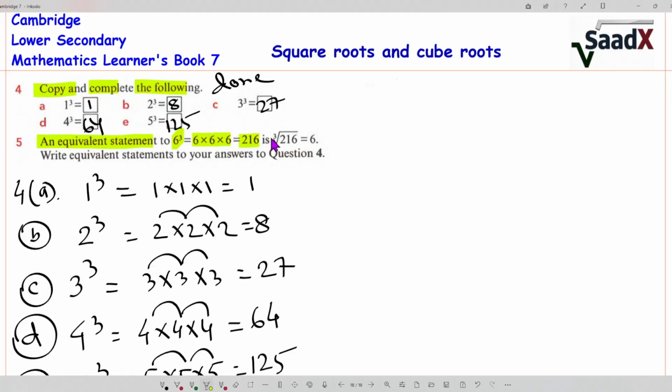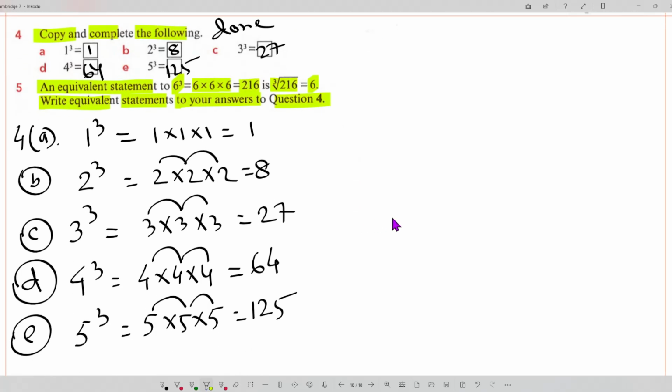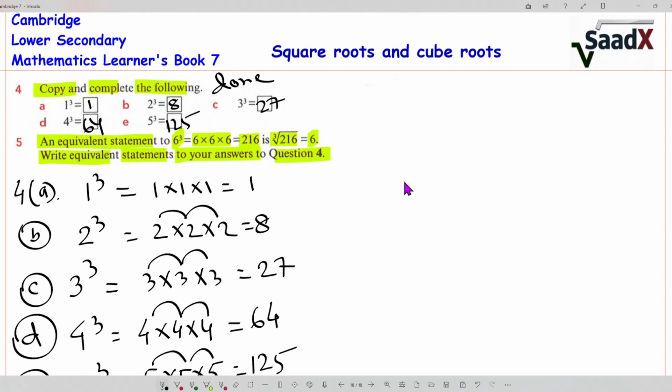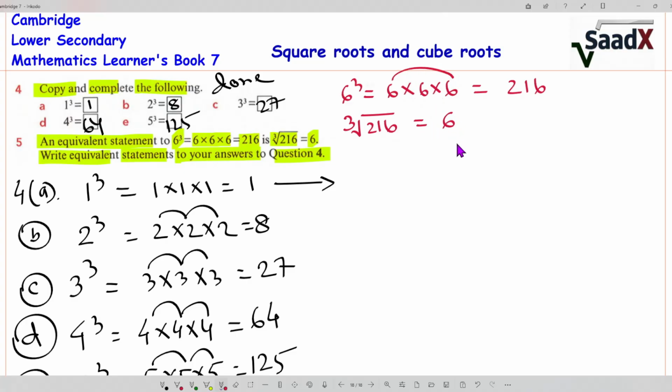216 is: cubic root of 216 equals 6. Write equivalent statements to your answers to question 4. So here we will discuss the cubic root. Give an example: 6 cubed equals 6 times 6 times 6, which is 216. Similarly, for the cubic root of 216, from these three 6s we take one 6, right?